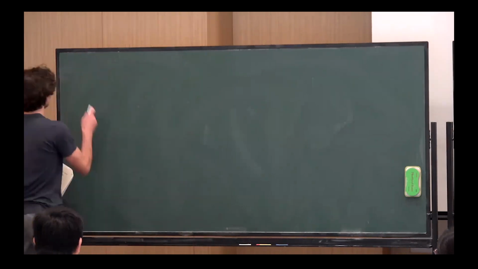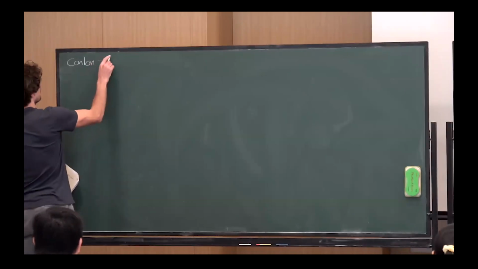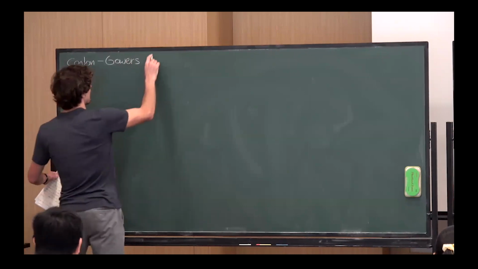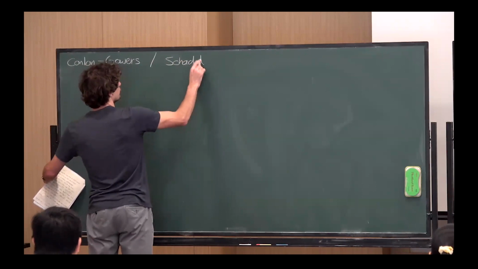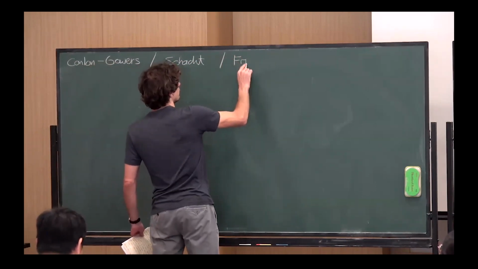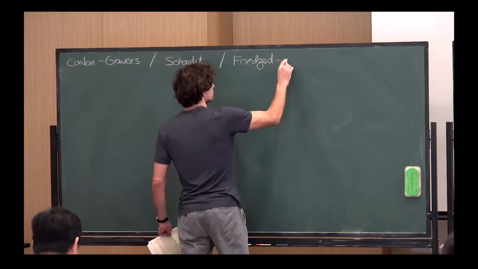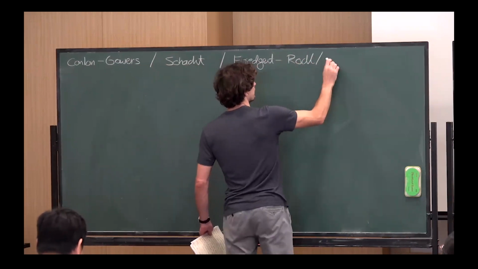And there were two very important works due to David Conlon and Timothy Gowers, and another work due to Matthias Schacht, and also a work on Ramsey problems due to Ehud Friedgut, Vojtěch Rödl, and Matthias Schacht.